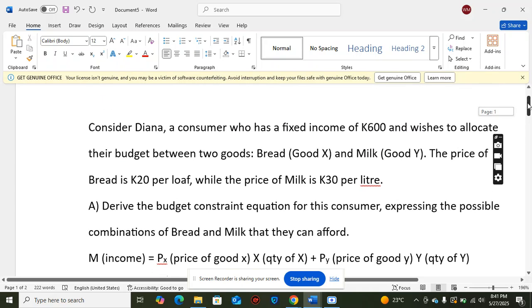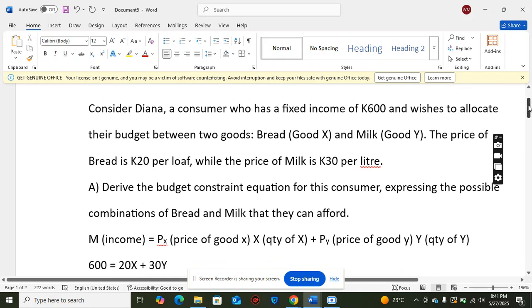Madam Elena, this is the question here. We're on consumer theory, how a consumer makes choices with their money. So there's this person, Diana. They have an income of 600 kwacha, and with this 600 kwacha, they can only buy two goods. Within consumer theory, the assumption is that with your budget, you can only buy two goods.